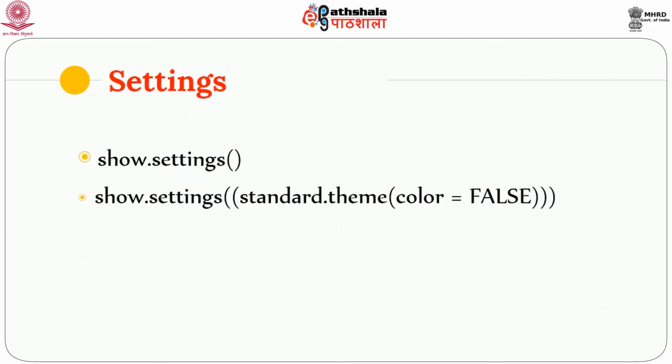Now suppose you are not happy with the colors of the 2 densities and you wish to change them to some other colors according to your wish. Then what will you do? Additionally, one more problem is, how will you memorize all the default settings? Here comes the solution. Just type show.settings and look at the things that we have obtained.